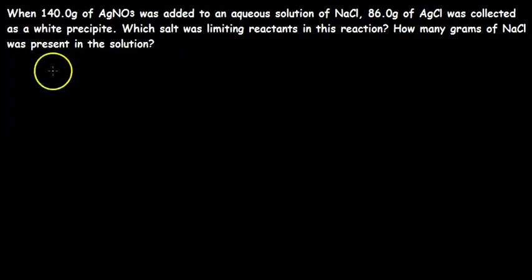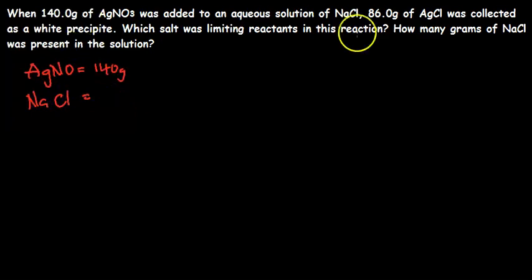First of all, we are given silver nitrate and we are given 140 grams of it, and we are given sodium chloride in the solution, and we are given silver chloride. In this case, silver chloride is 86.0 grams.